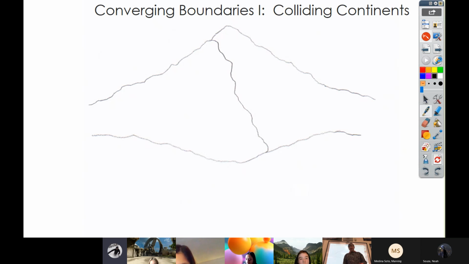Okay, now since these are continents, these are both granite rocks, and maybe you remember that our symbol for granite was almost an X, but not quite overlapping, or maybe it was a bunch of negative ones.